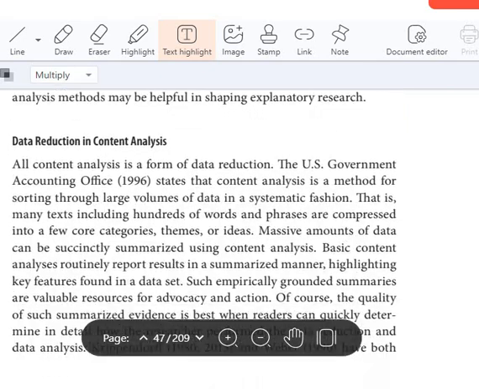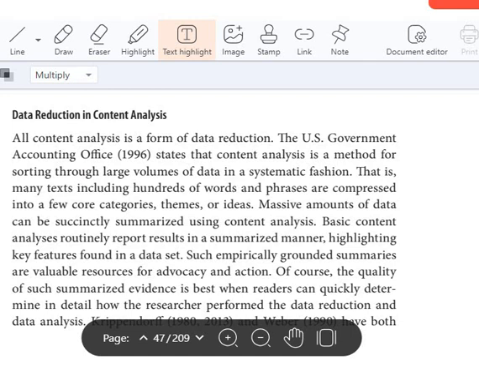and content analysis. Here, all content analysis is a form of data reduction, actually, not only in basic content analysis. So we should understand that the main point in basic content analysis, like any other approach of content analysis, is that we're reducing data because we're classifying this data. For example, the Government Accounting Office states that content analysis is a method for sorting through large volumes of data in a systematic fashion.